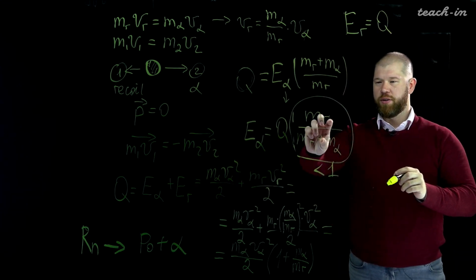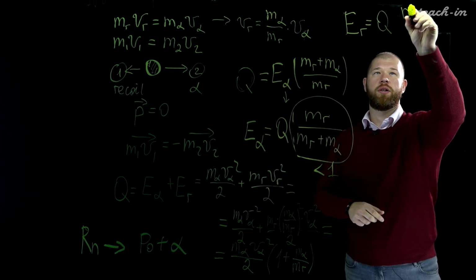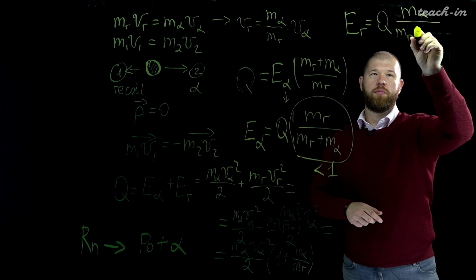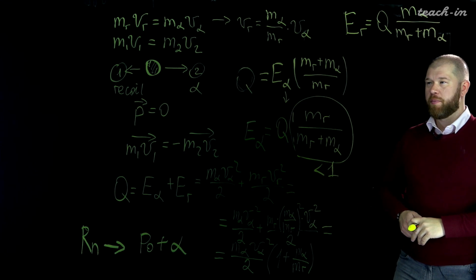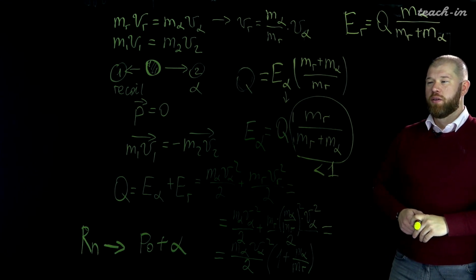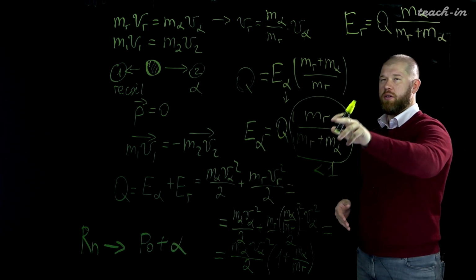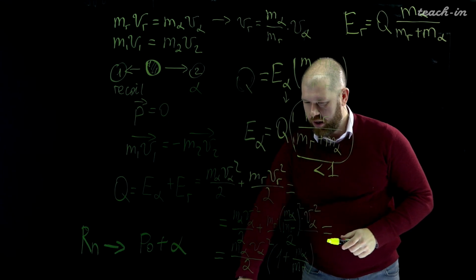The only difference will be that instead of mass of recoil nucleus, it will be the mass of alpha particle. So we will need these two expressions to solve our task.